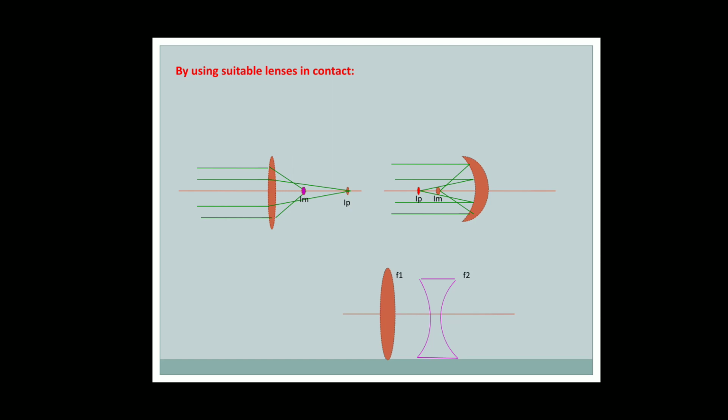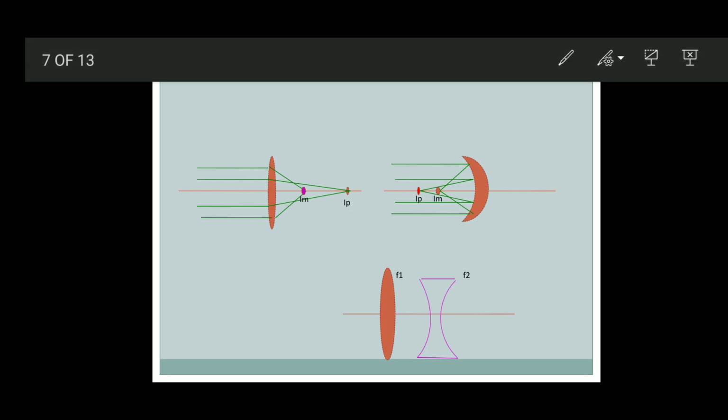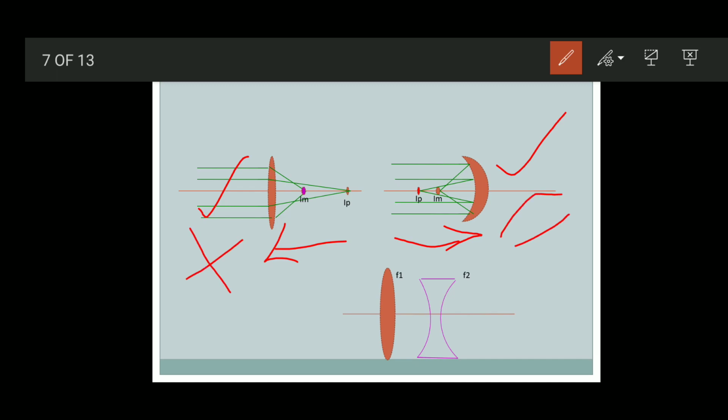So we know in case of a convex lens, the marginal image is towards the left of the paraxial image. But in case of a concave lens, the marginal image IM is on the right side of the paraxial image. So if the spherical aberration is positive in case of the convex lens, the spherical aberration is negative in case of the concave lens.